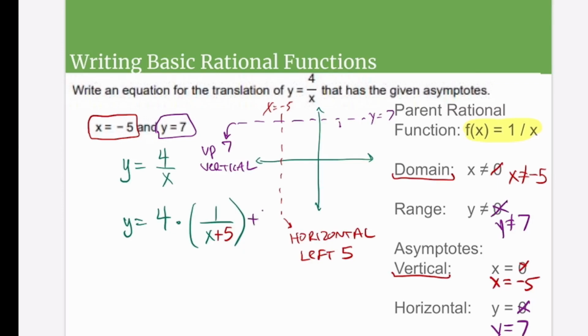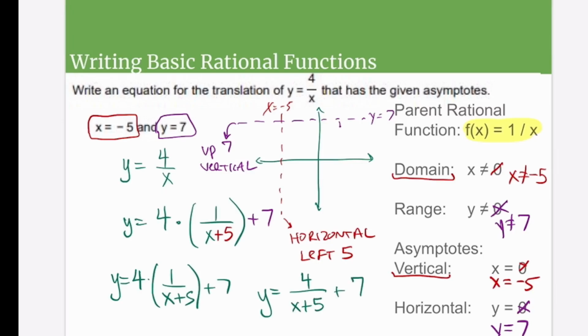So we would write our equation like this with the plus 7. So our equation now with these shifts would be 4 times 1 over x plus 5 plus 7. Or it could be written as 4 over, which is probably how you're going to see it, x plus 5, plus 7. And we have our asymptotes.